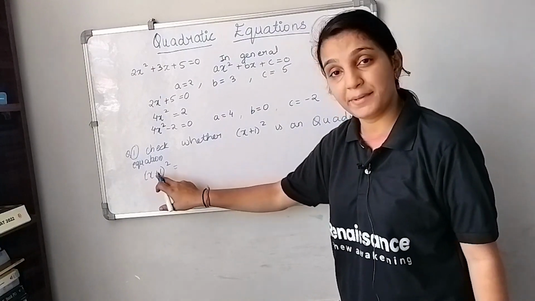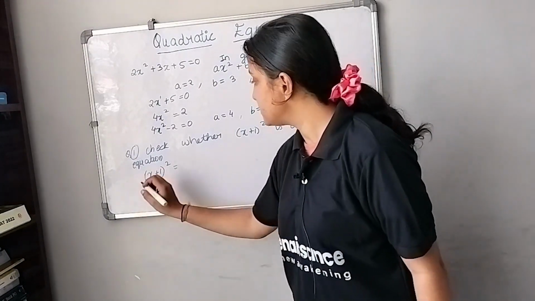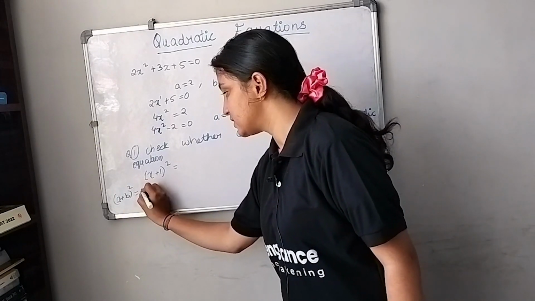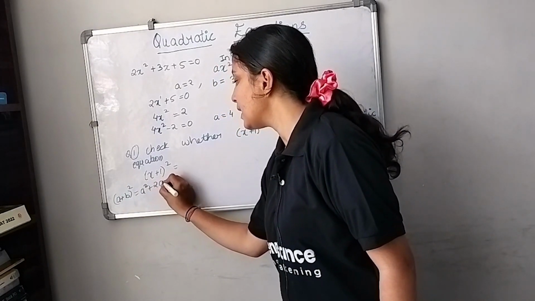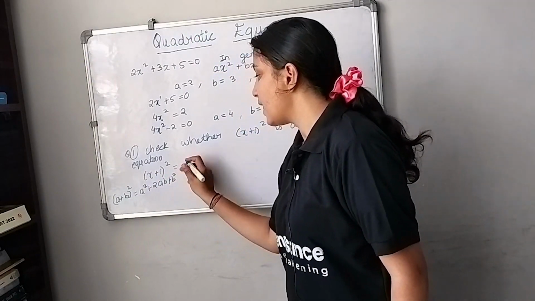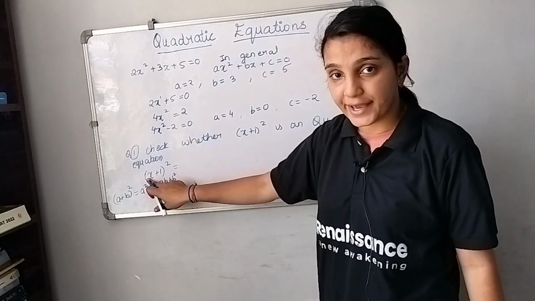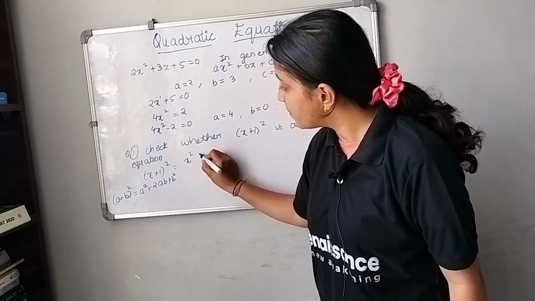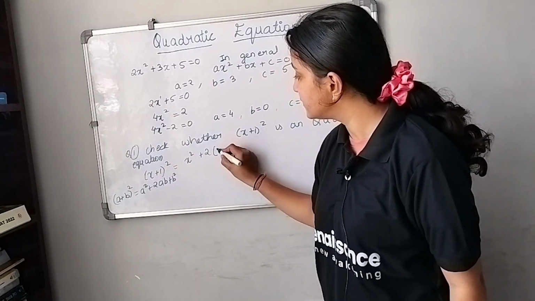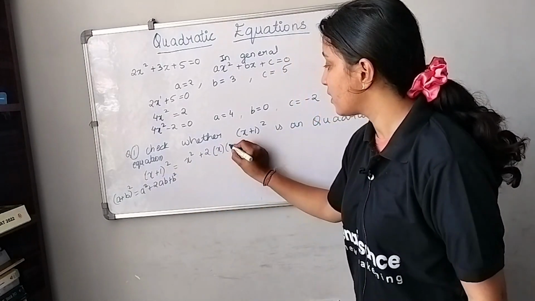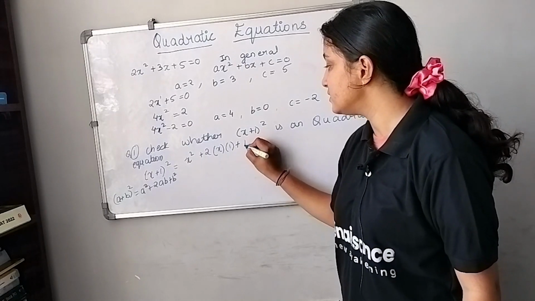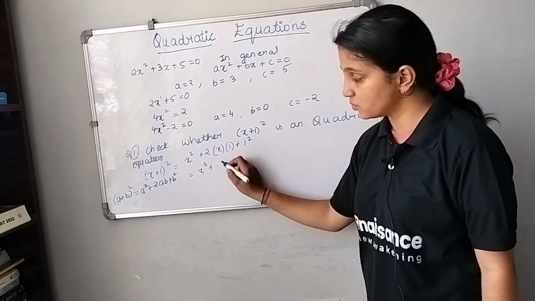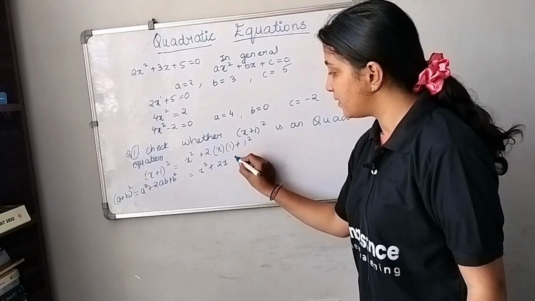We know the formula a plus b the whole square is a square plus 2ab plus b square. Apply over here. Here a is x and b is 1. So x square plus 2 into x into 1 plus 1 square. So x square plus 2x plus 1.